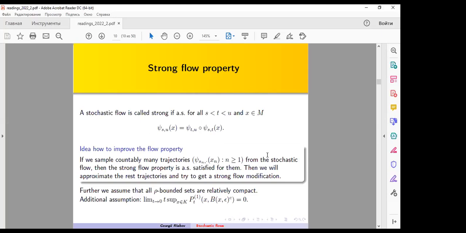Interest in this question comes from the theory of random dynamical systems, because when you have a strong flow, it is very close to a random dynamical system, and then you can discuss invariant measures for stochastic flows, long-term behavior, and so on. On the other hand, often you substitute random times in the flow property, and you need to know that it holds.